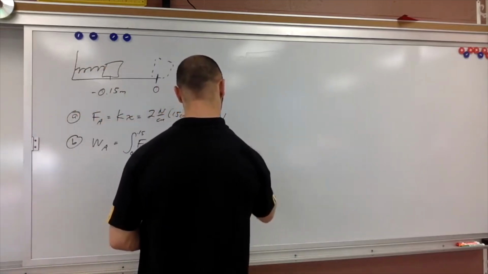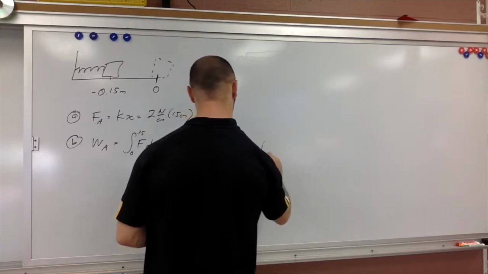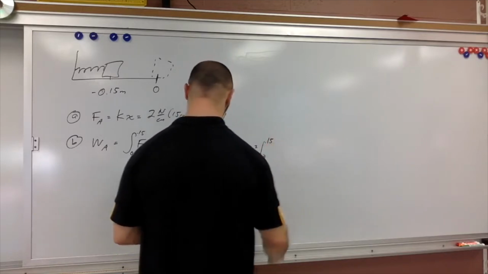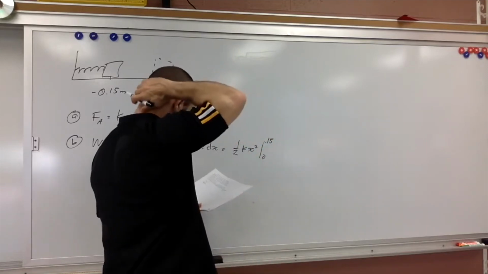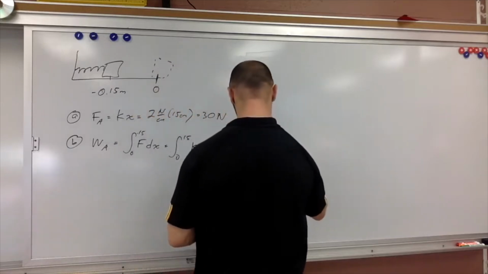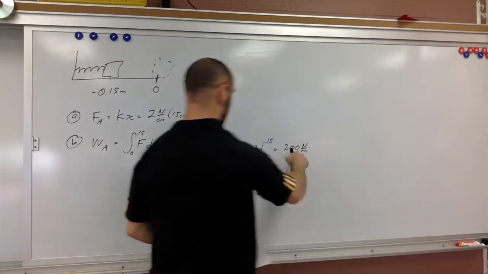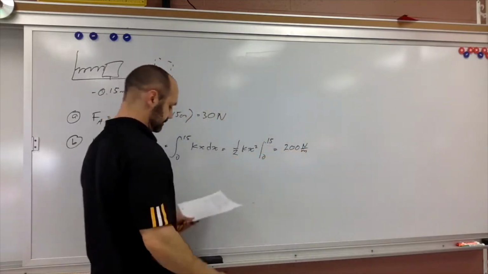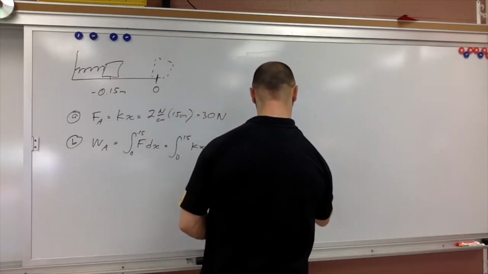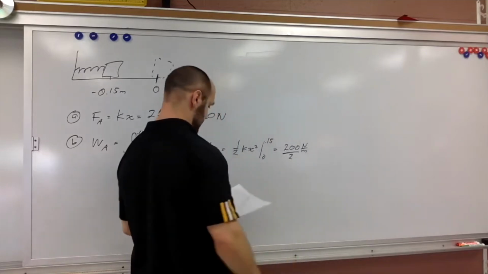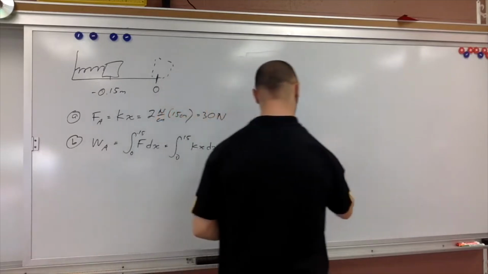So 1/2 kx squared from 0 to 0.15 meters. And so this is going to be 200 newtons per meter. I converted from centimeters to meters there. Divided by 2, so 1/2 k. And then the x squared.